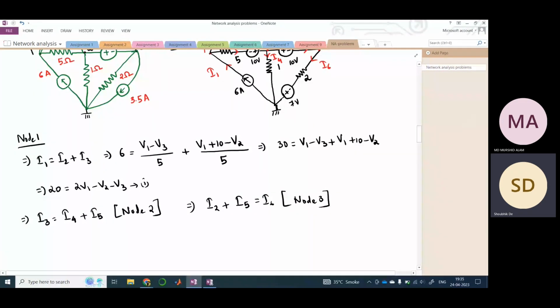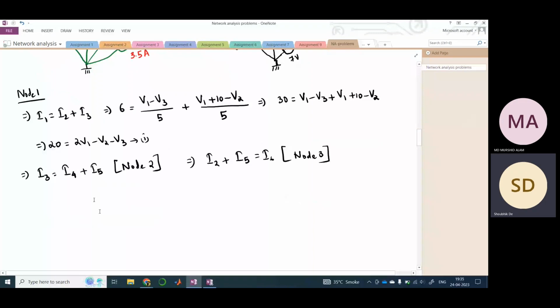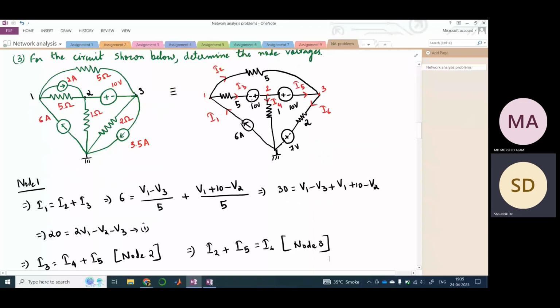Now try to replace that. You see one thing is common: I5 is common in both the nodes, because I5 is flowing between node 2 and node 3. So this is the common thing connecting both the nodes.